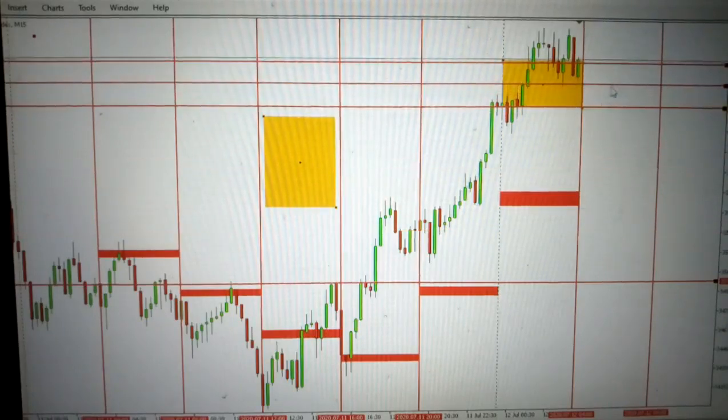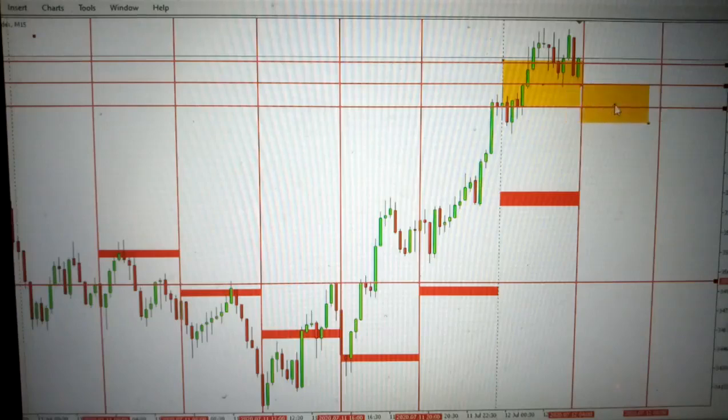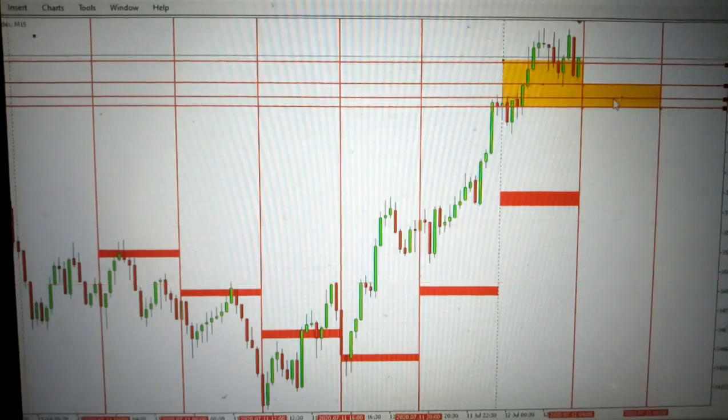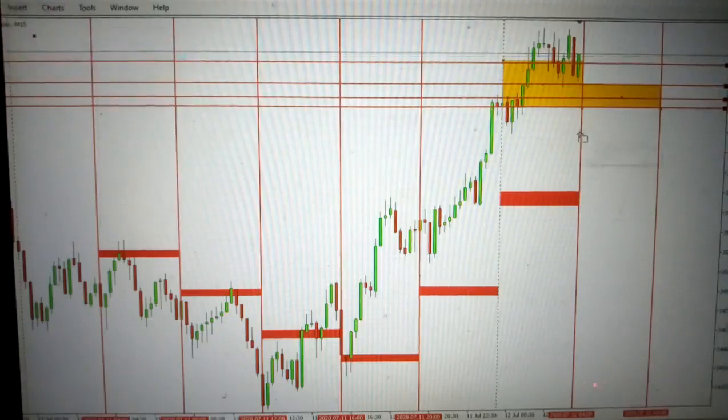This is divided into two. So if price closed at that point where I marked it, you should expect the support around there. So it's a rectangular box. I'll divide this into two again to locate where support is supposed to be.